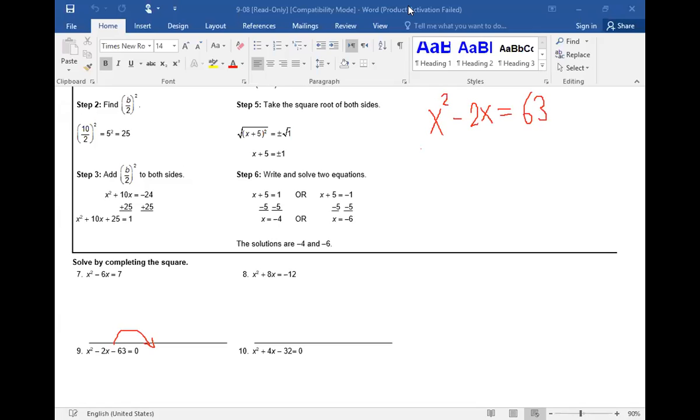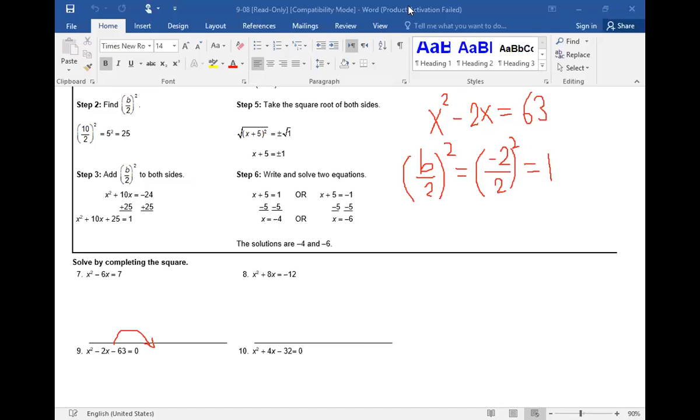Then we will now find b over 2 all to the power of 2, which equals negative 2 over 2 all to the power of 2. It will be equal to 1.